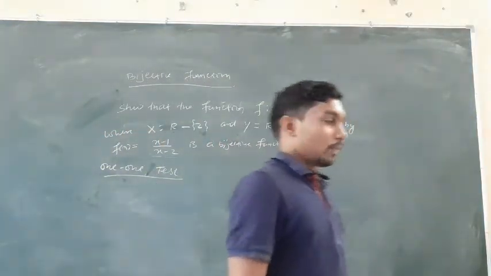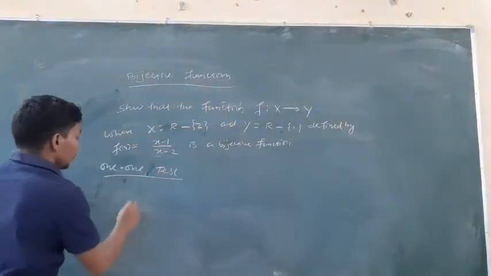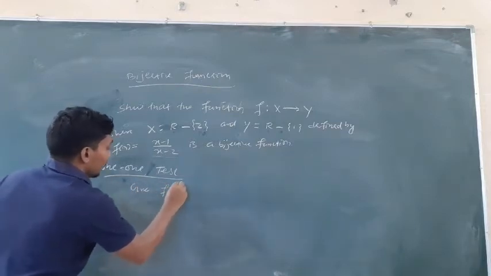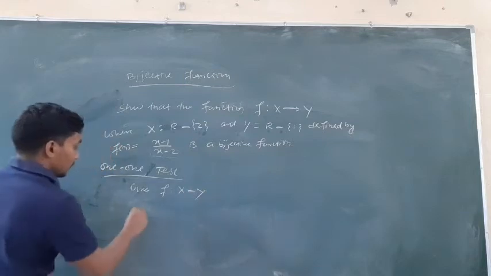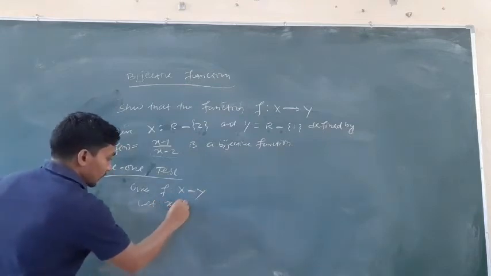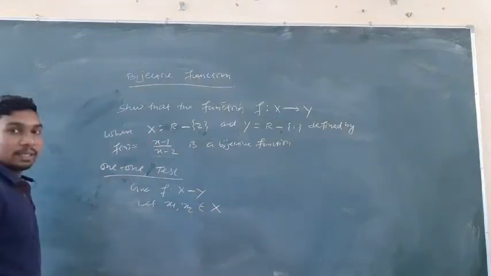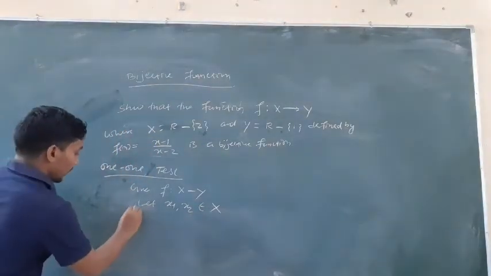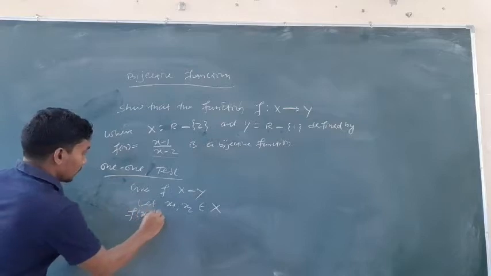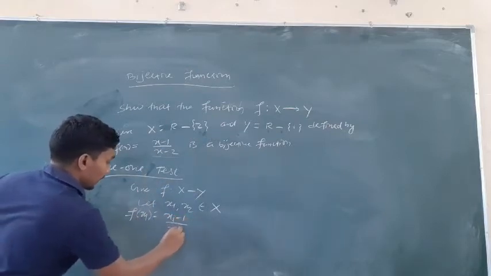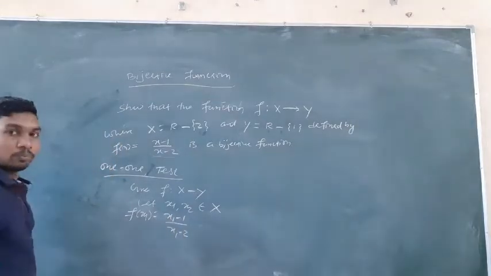Okay? For one-one, what will we do? Given f is mapping from X to Y, let x1 and x2 be two elements which belong to capital X. Now we have to find f of x1, that means x1 minus 1 by x1 minus 2.